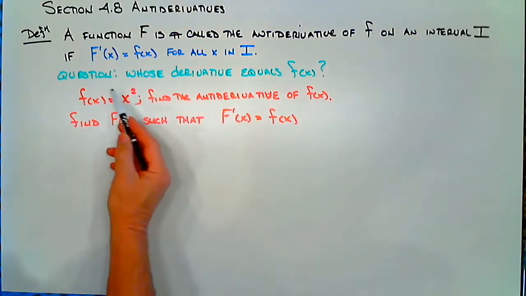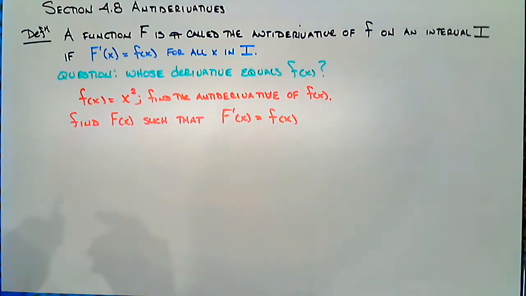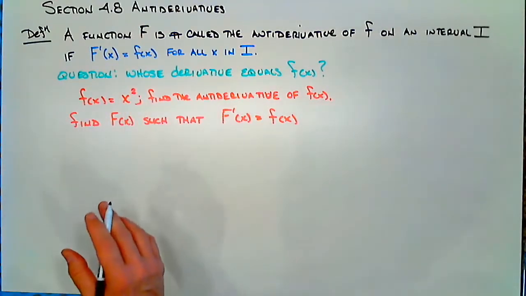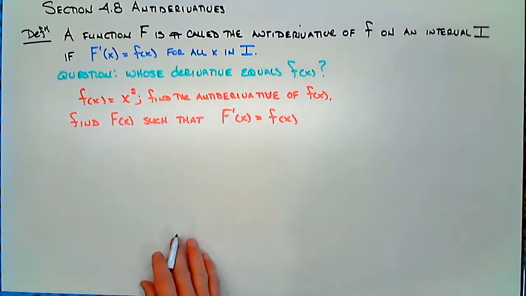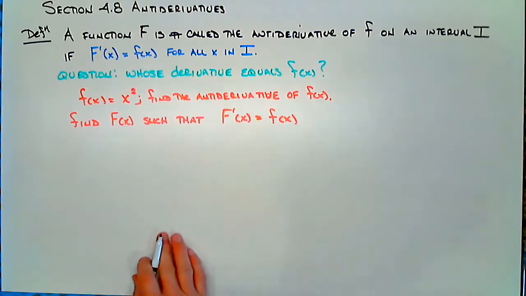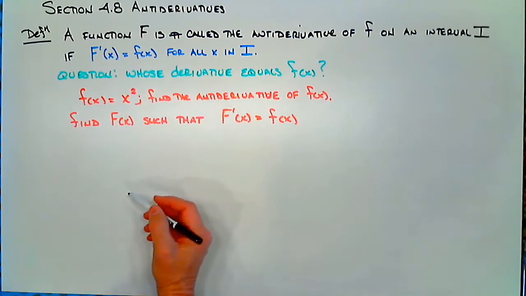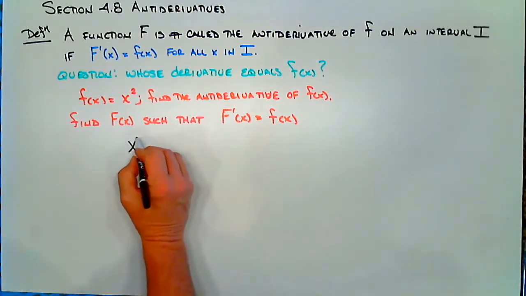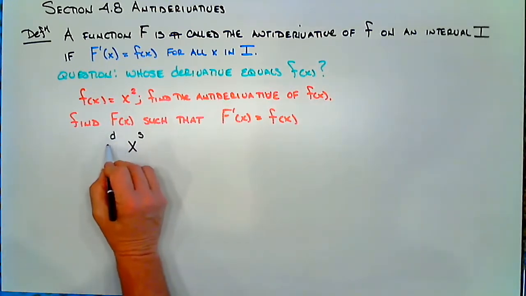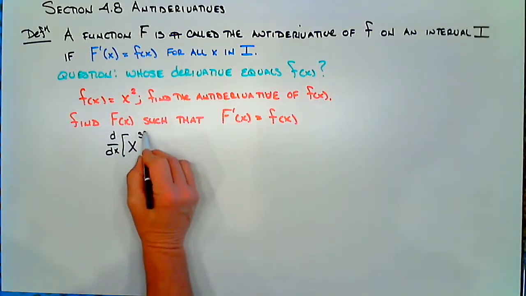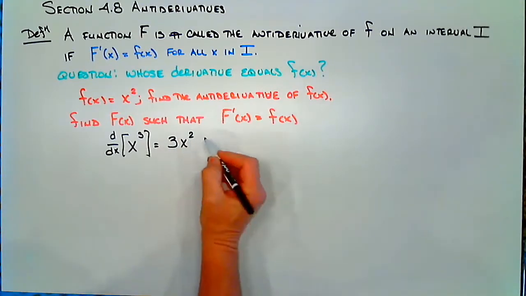So how does one go about this? Well, we analyze and synthesize. We look at what we're given and we ask ourselves, all right, somebody out there has a derivative that equals x squared. And I want to know who that is. Now, many of you have probably already come to the conclusion that if I start with x cubed and take the derivative of that, I'm going to get 3x squared.